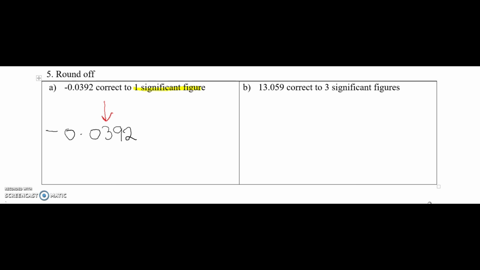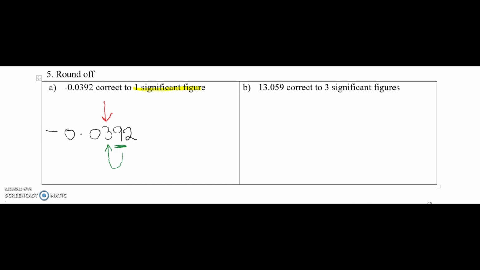Next, we need to take a look at the number after this first significant figure. And the number is 9. Since we know that 9 is more than 5, we need to round up this first significant figure.